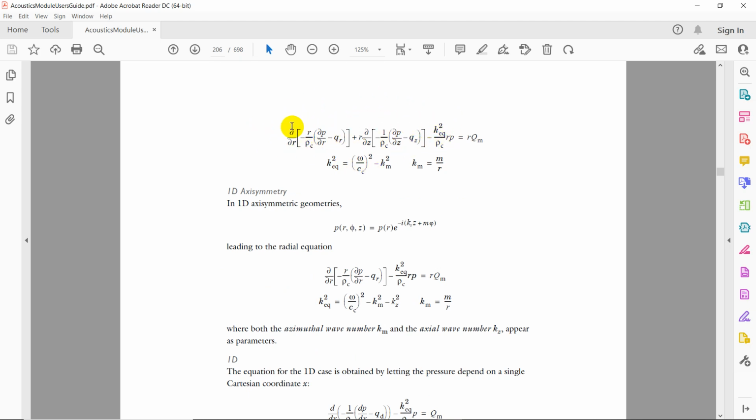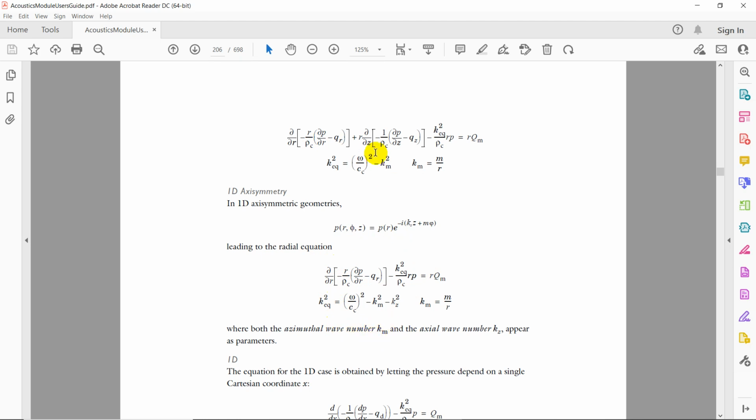They have actually shown how exactly the equations change in cylindrical coordinates, and in cylindrical coordinates this k_m will be m by r, where the expression for m and everything is given here. So you need to save this documentation and go through it, and you will understand what your equation would be in the axisymmetric case.